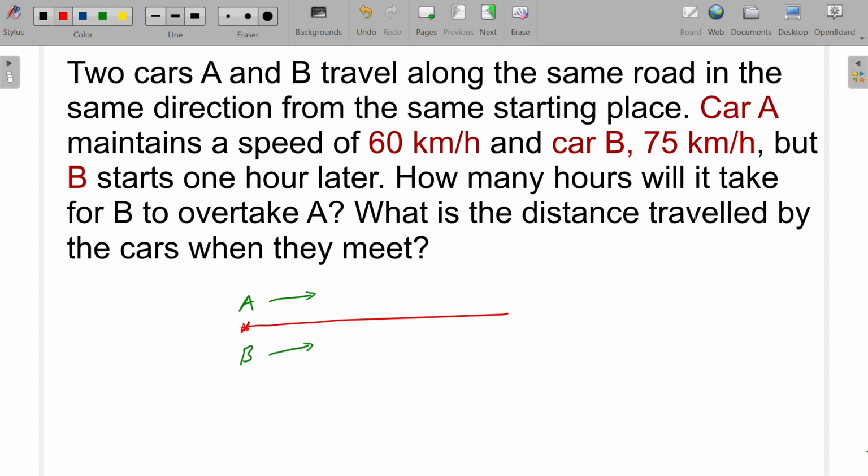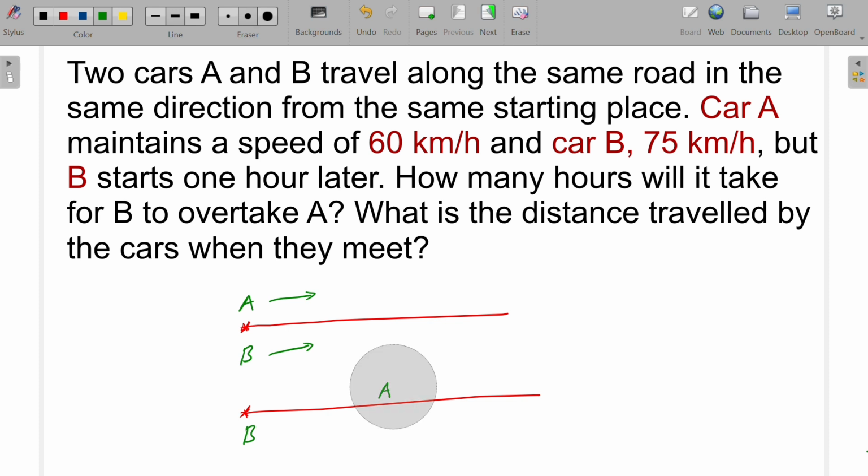So let's have another part showing the next part. So we are still at the beginning here, but then we are told B will remain at the beginning here. B will still be at the starting point, but A would have started moving because B will start moving an hour after A has started moving.